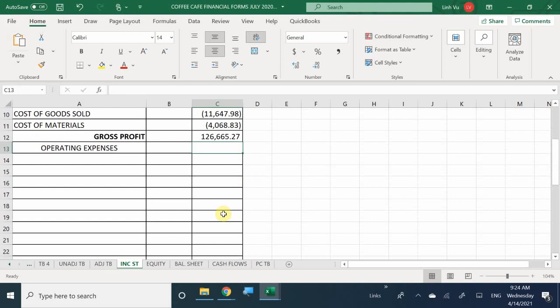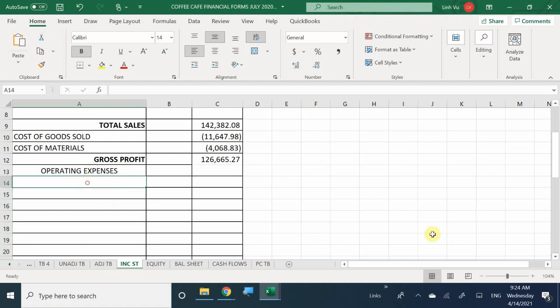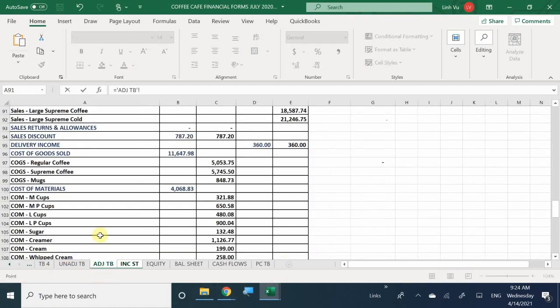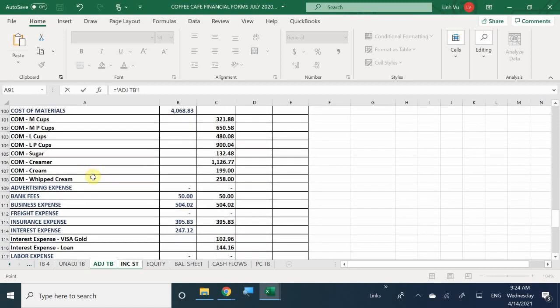Okay, good. So now we have to go through all of our operating expenses, starting from the first one. I'm going to have to format this real quick. Okay, so our first operating expense, what was it? Advertising expense.